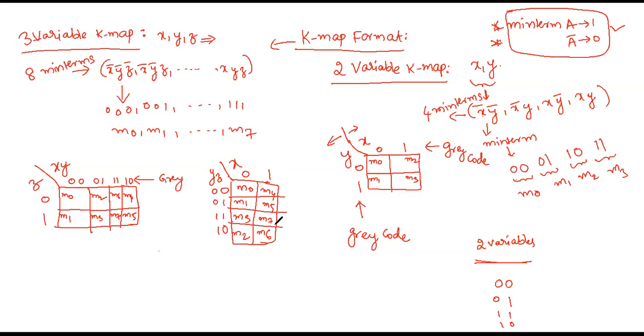Now we came to know two variable K-map and three variable K-map format. Similarly, we will see the formats of four variable, five variable and six variable. We will see later.